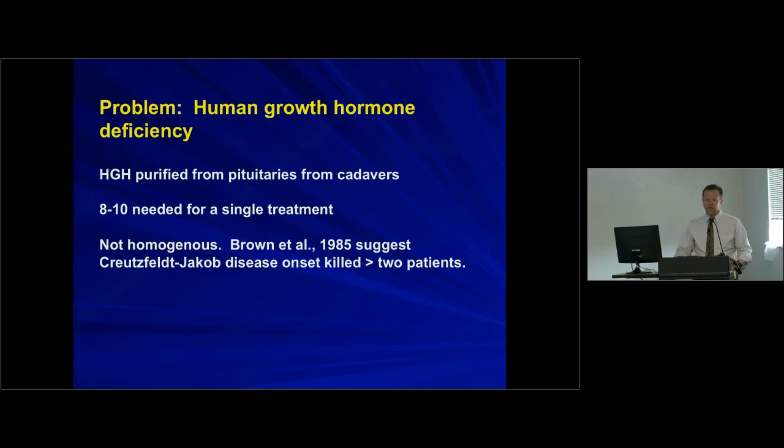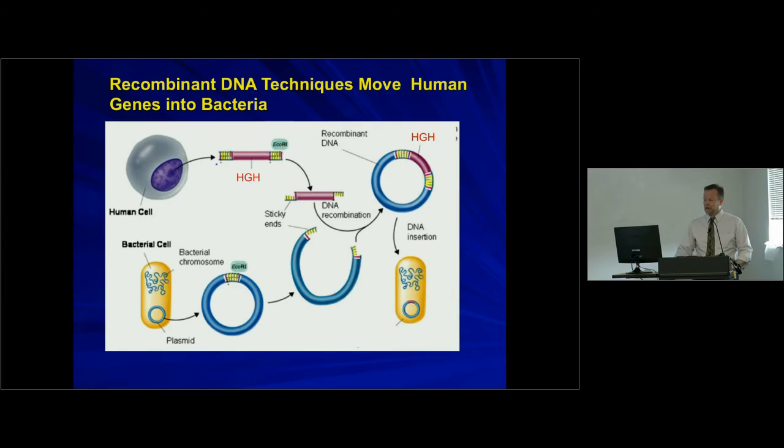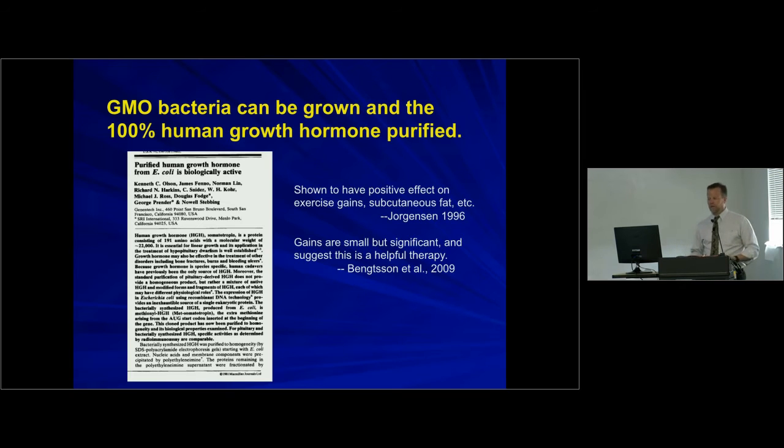But once again, genetic engineering to the rescue. You can take the HGH gene from a human cell, put that into a bacterial plasmid, and now generate bacteria that produce 100% human growth hormone. And it's been shown very well that the recombinant form is stable, causes better gains from exercise, better gains from strengthening, and better longitudinal growth.